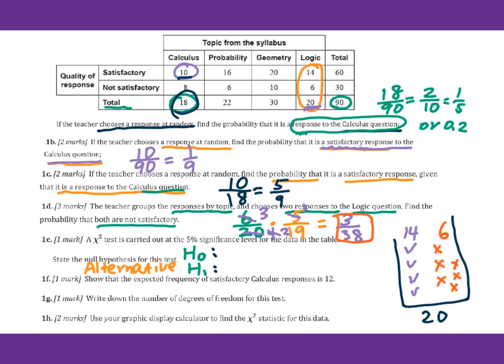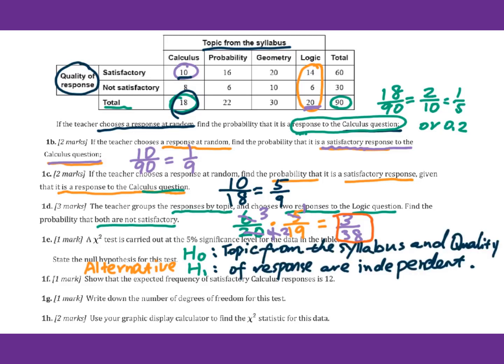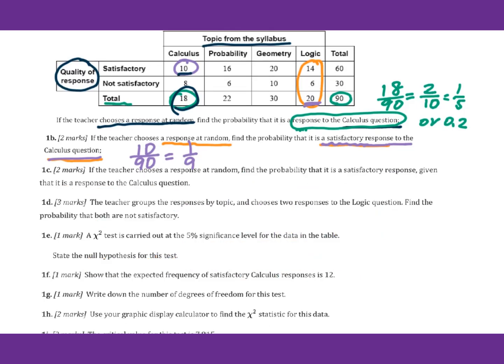Null hypothesis for this question will be: topic from the syllabus and the quality of response are independent. For the alternative hypothesis statement, you will see: topic from the syllabus and the quality of response are not independent.